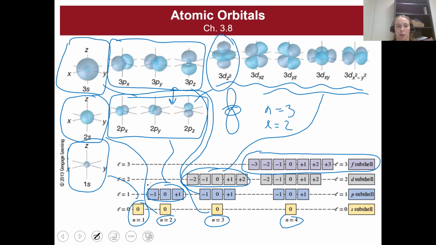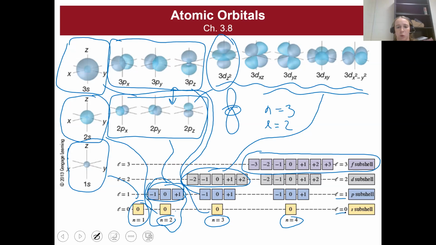So you also want to think about the total number. I should have said that. When n equals 1, we only have 1 orbital option. When n equals 2, we have 4 orbital options: 3 for when L equals 1 and 1 for L equals 0.